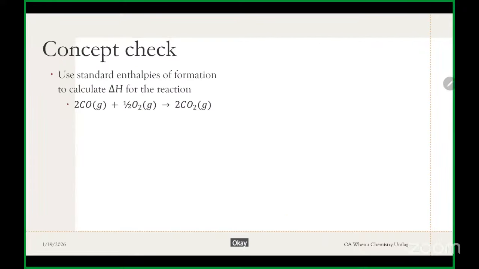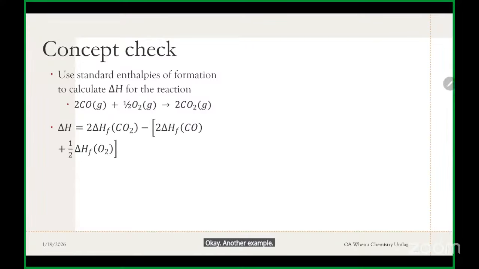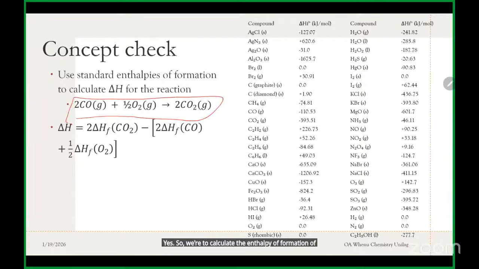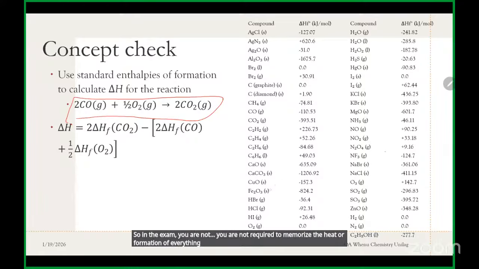Okay. Another example here. So we're to calculate the enthalpy of formation of this reaction. What you will do, you're going to be given a table. So in the exam, you are not required to memorize the heat of formation of everything that exists in the world.